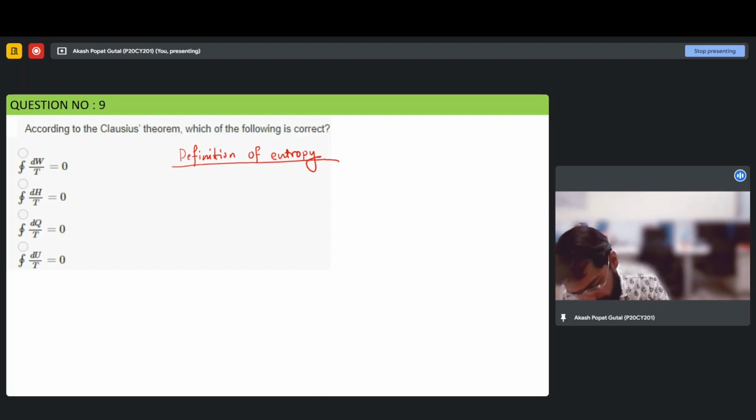So we know how we define entropy: the reversible heat absorbed by the system divided by the temperature is the change in entropy.